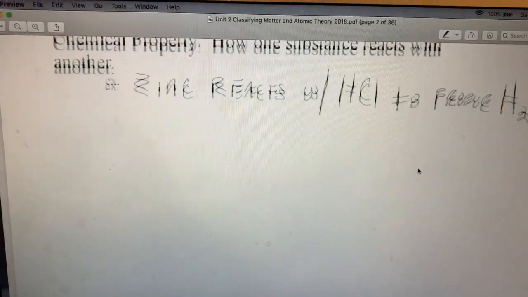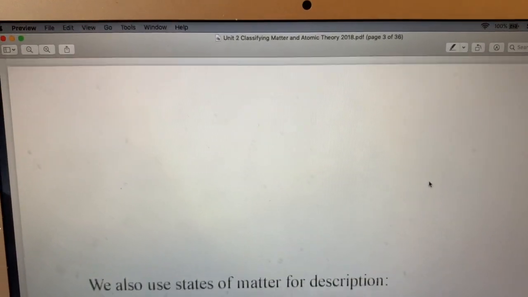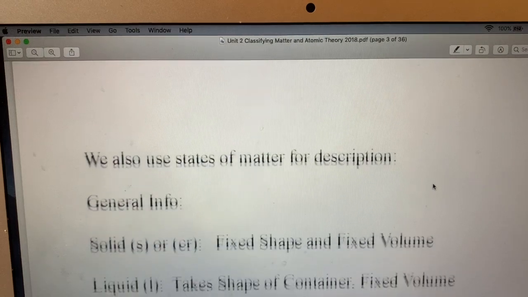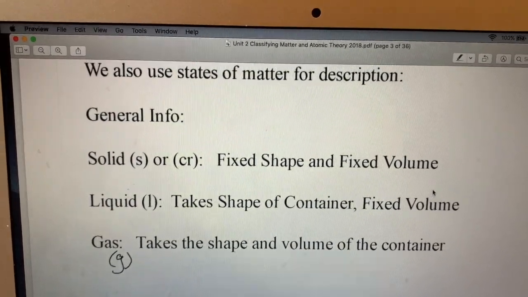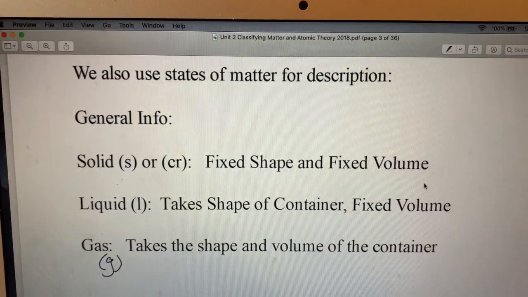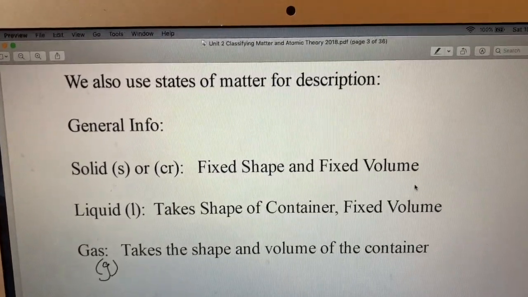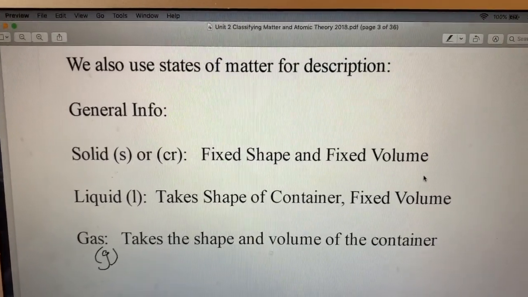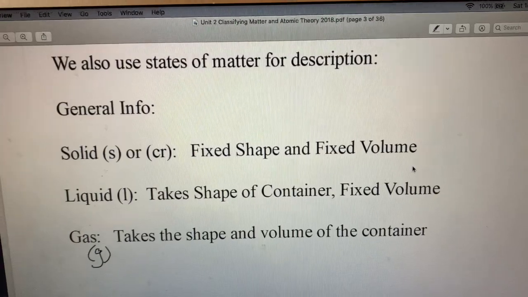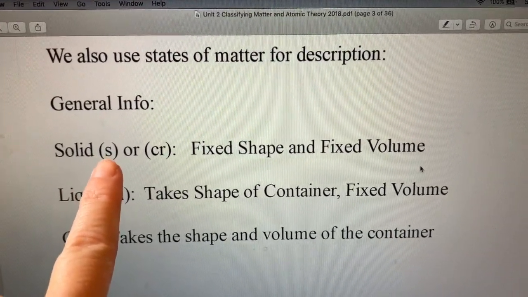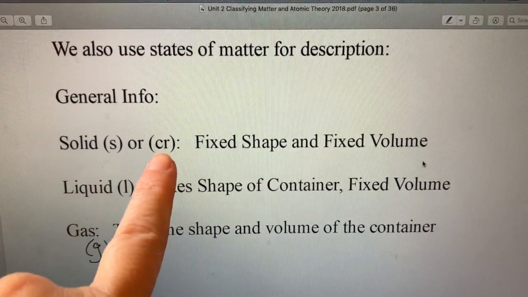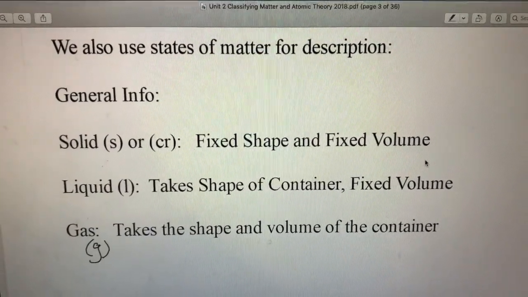All right. Okay, so let's get back to some basics that you guys should already know. We also describe matter in terms of whether it is a solid, liquid, or gas. Solid will in chemistry get the abbreviation a lowercase s or CR, which stands for crystalline, okay?